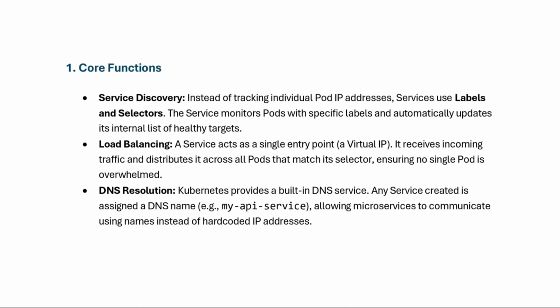Core functions: service discovery. Instead of tracking individual pod IP addresses, services use labels and selectors. The service monitors pods with specific labels and automatically updates its internal list of healthy targets. So services do not rely or depend on volatile IP addresses that are getting destroyed and created with new pods.